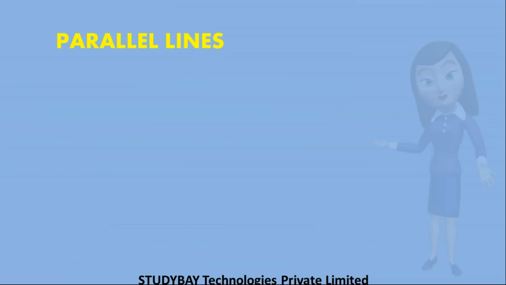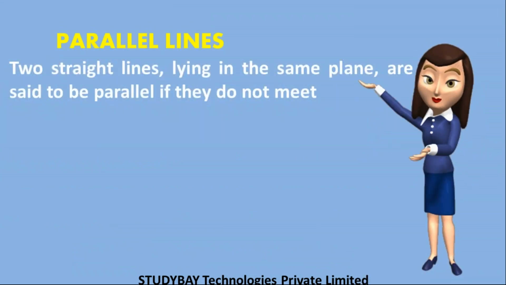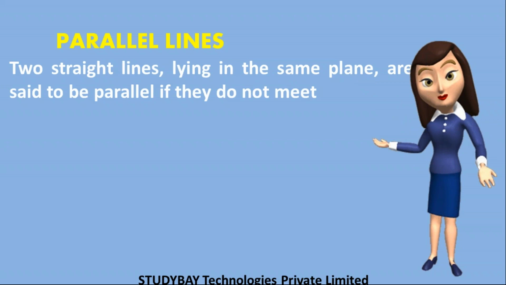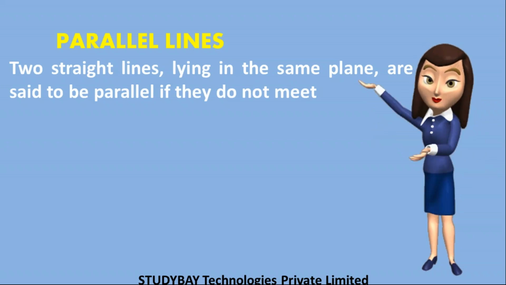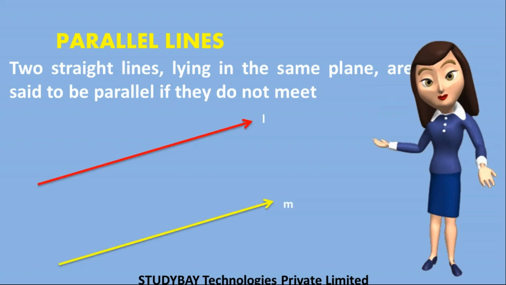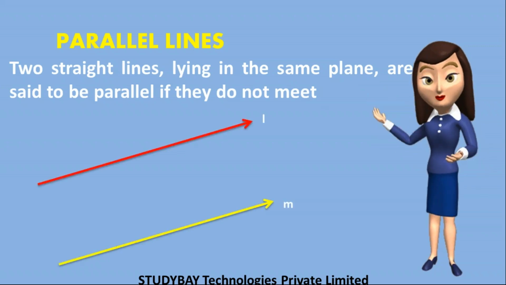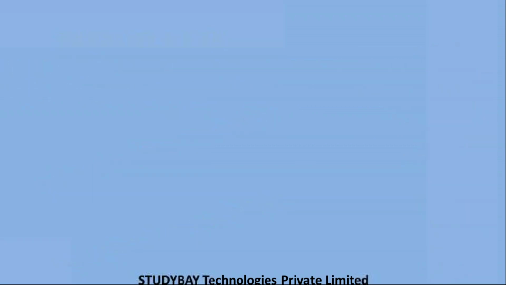Now, we have parallel lines. Two straight lines lying in the same plane are said to be parallel if they do not meet. Just like this, L and M, that is the red and yellow lines, are said to be parallel. Now the transversal line.